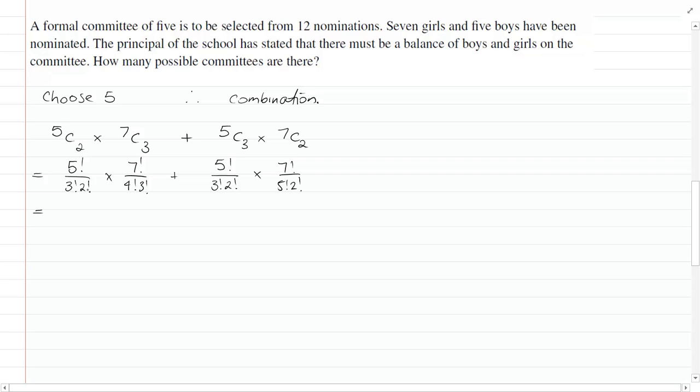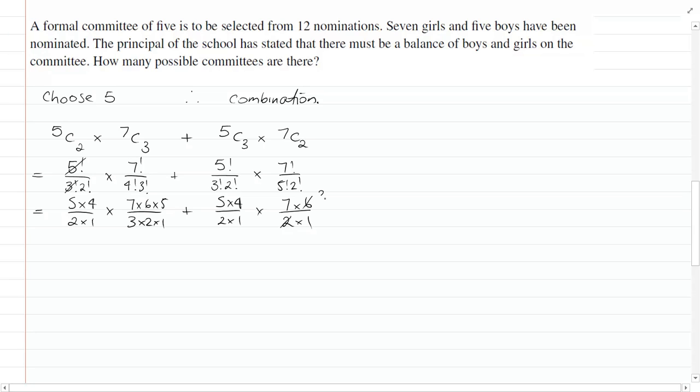And this is equal to the 5 and the 3 factorial there will cancel out to be 5 times 4 over 2 times 1. 7 and the 4 will make it 7 times 6 times 5 over 3 times 2 times 1. Plus over here I get 5 times 4 over 2 times 1 again, times 7 times 6 because it cancels that with the 5 factorial, times 2 times 1.